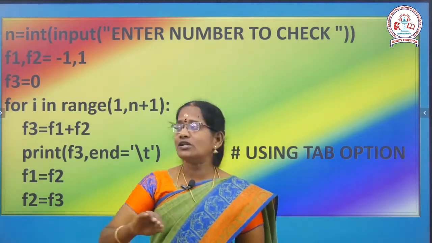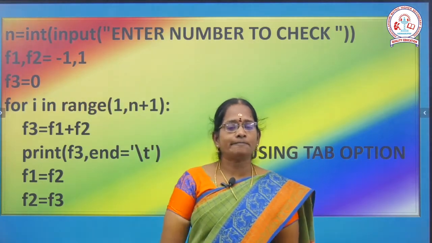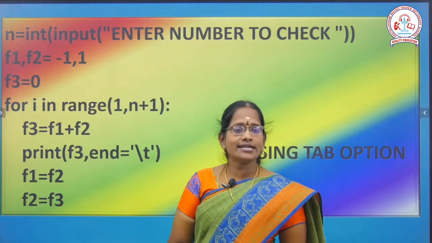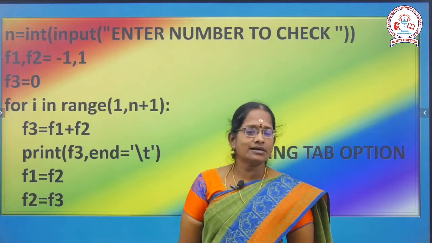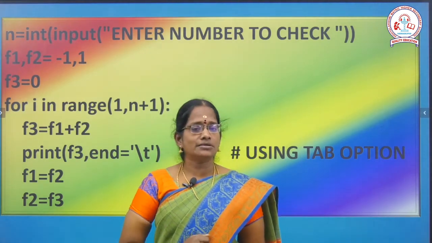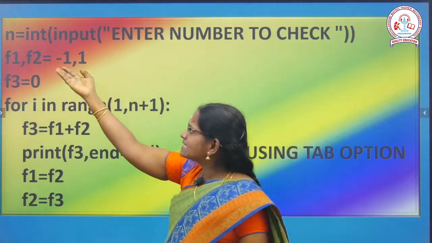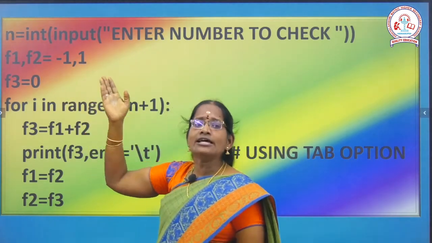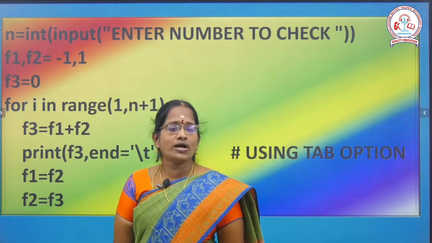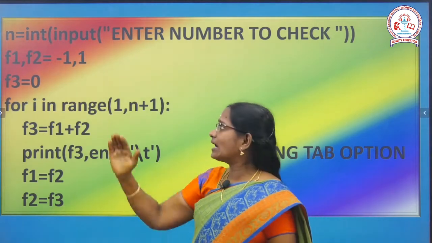For this purpose we use F1, F2, F3. F1 is the first number, F2 is the second number, F3 is the third number. First number plus second number gives the third number. In this statement, F1 comma F2 is equal to minus 1 and 1.